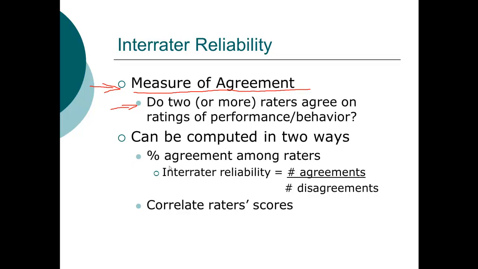You can take a percent of agreement among the raters. You take the number of agreements divided by the number of disagreements, and that will give you a correlation there of the rater scores. Because let's face it, there may be some things we would agree on. There may be some items that we may have some problems with, and this, you just divide one into the other, and that gives you a correlation there.